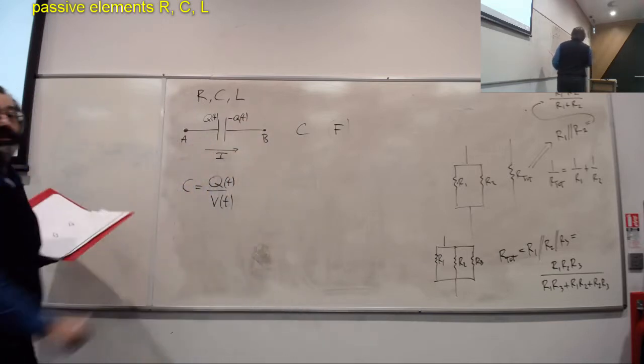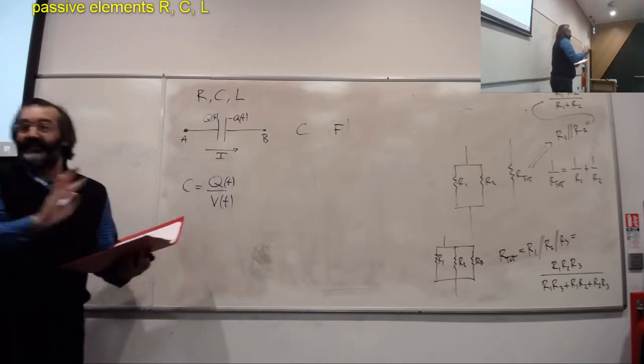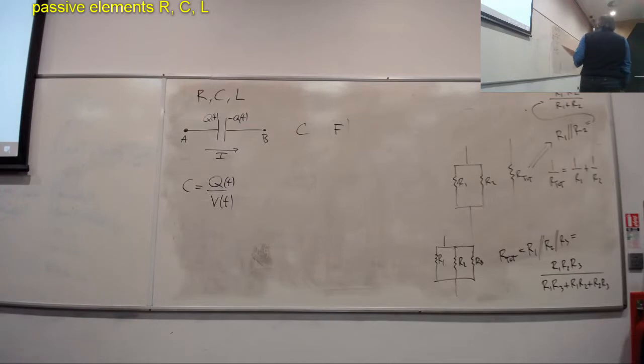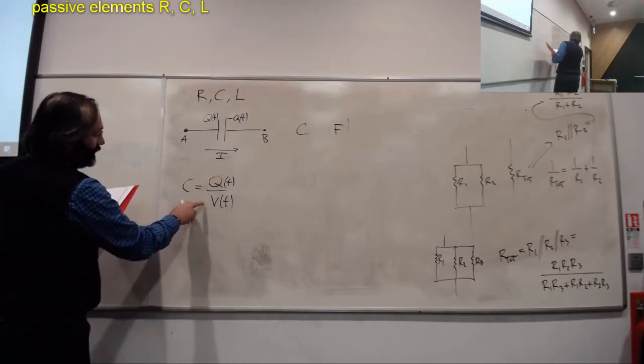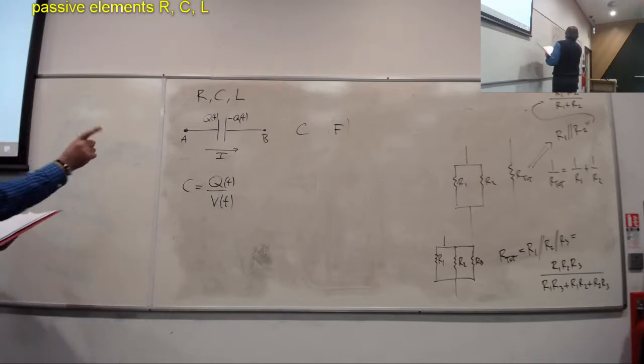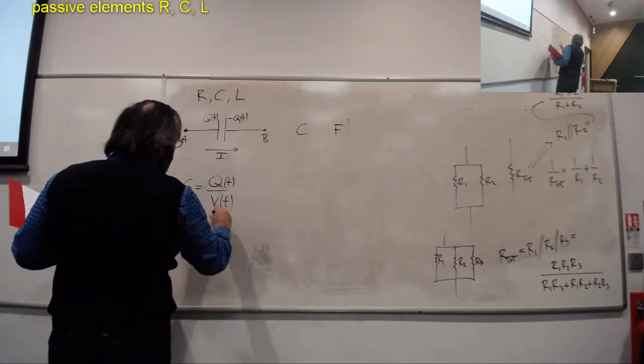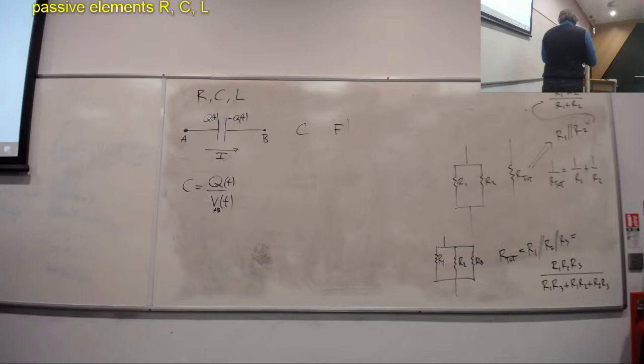Because of electrostatic induction, the two charges at the plates will be exactly the same but opposite. And at any time, Q at time t over V, the potential VAB, must be equal to C.